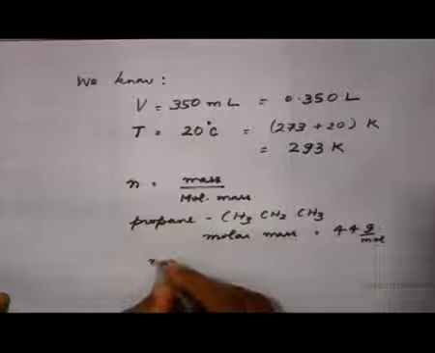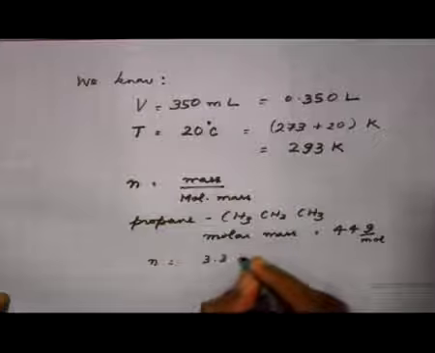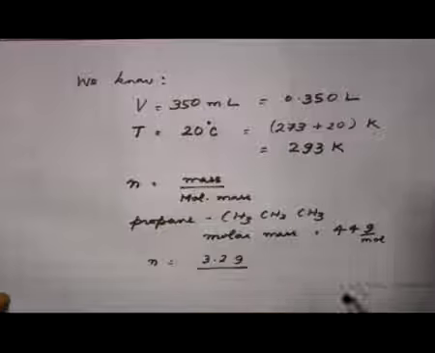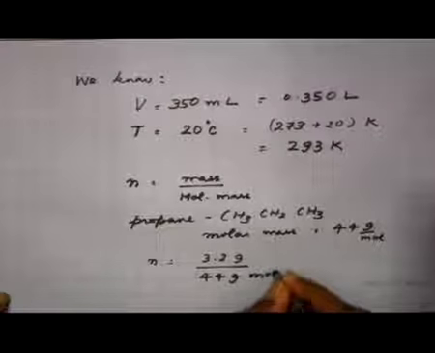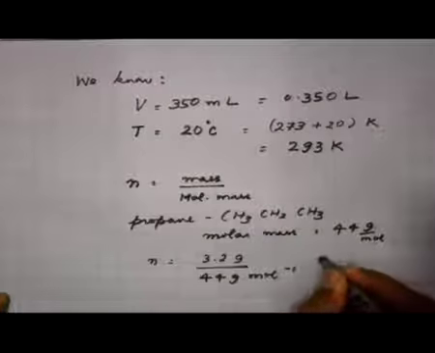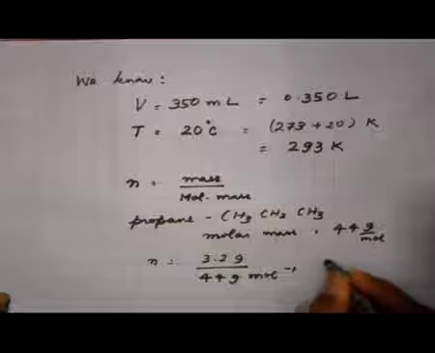So, N works out to be 3.2 grams divided by 44 grams mole to the minus 1. So, that is whatever it is in moles.